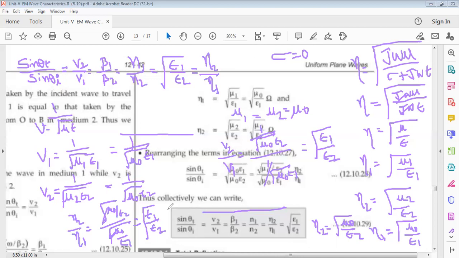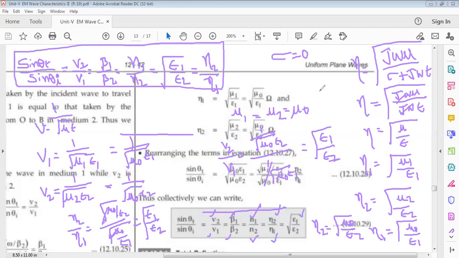Thus collectively we can write sine theta t by sine theta i is equal to V2 by V1, beta 1 by beta 2, N1 by N2, eta 2 by eta 1, and under root of epsilon 1 by epsilon 2. Got it, my dear students?